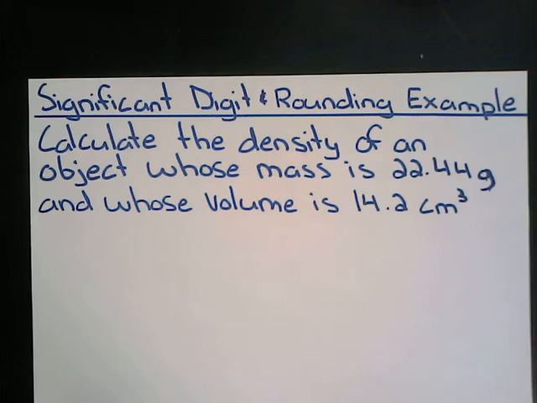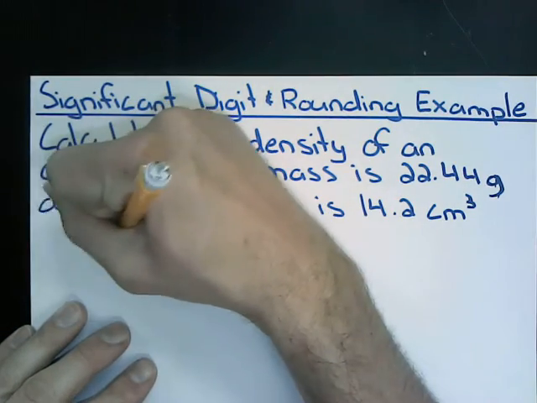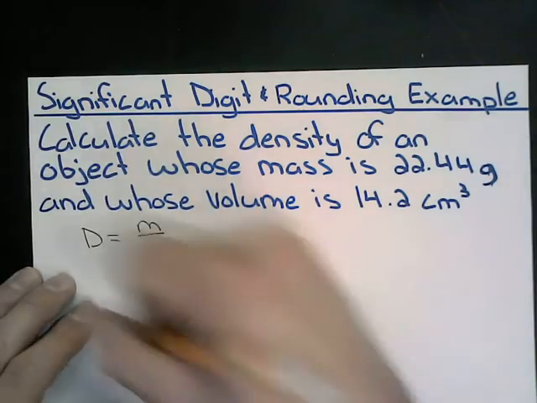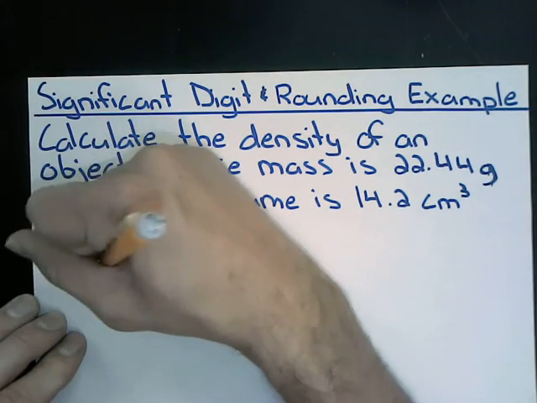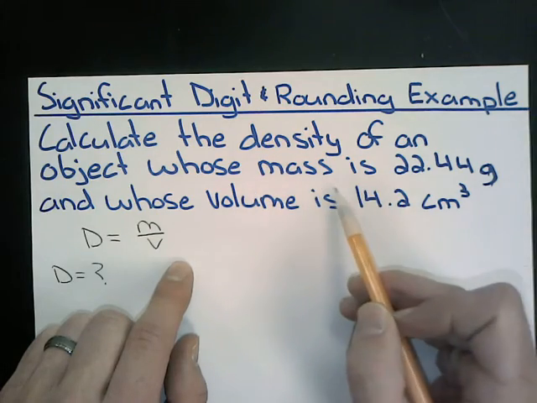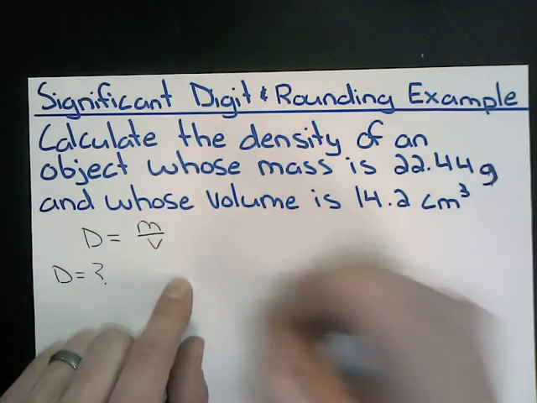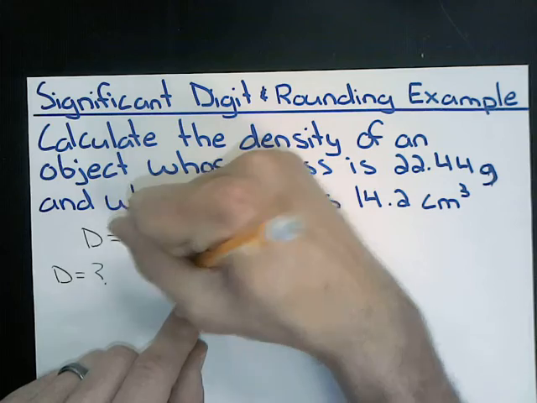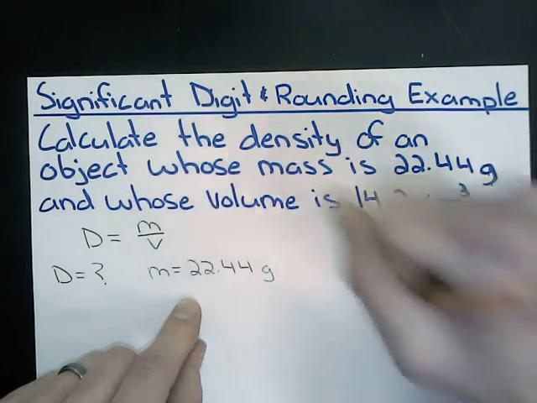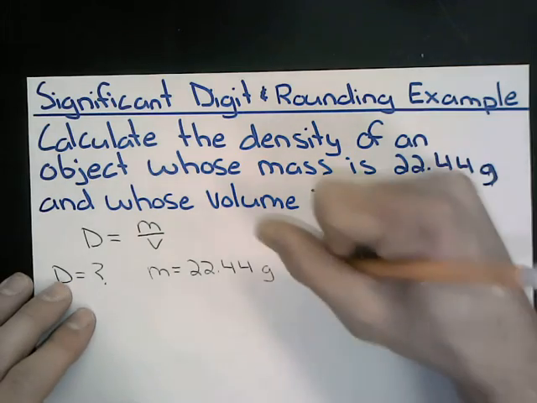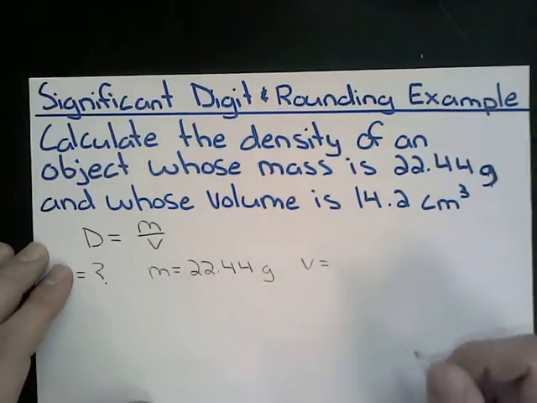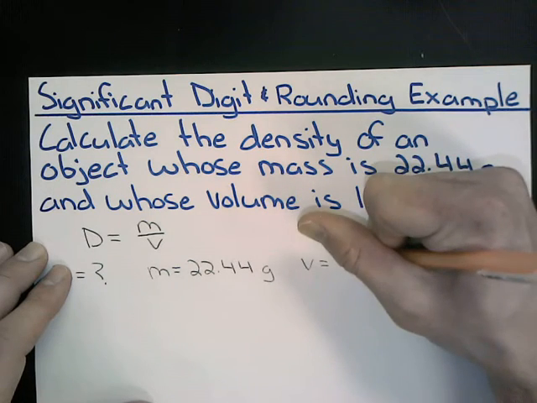So remember, density is D equals M divided by V. So our density is what we're trying to solve for. The problem does not give it to us. Our mass, if we read the problem here, it says the mass is 22.44 grams. And our V for volume is listed at 14.2 cubic centimeters.